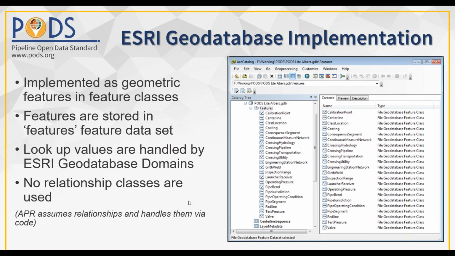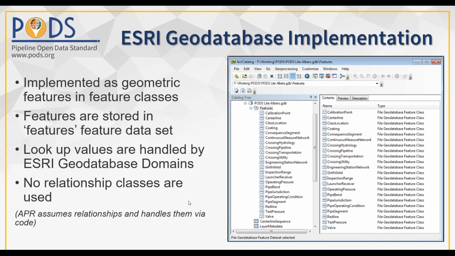In the graphic there it's shown in Arc, but you'll be accessing this through ArcGIS Pro when it becomes available. But you'll notice that it stores the features in the dataset. It also has all of the lookup values being handled by the Esri geodatabase domains, just like you're probably already used to for many of the other elements of your geospatial databases.